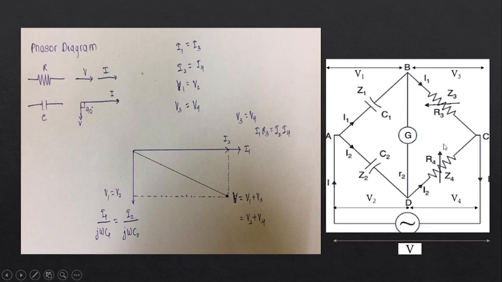V1, V3, V2, V4 are all related to the main voltage V. V1 plus V3 gives us V, and V2 plus V4 also gives us V. So the resultant vector is V, equal to V1 plus V3, and also equal to V2 plus V4. This much is for the phasor diagram.